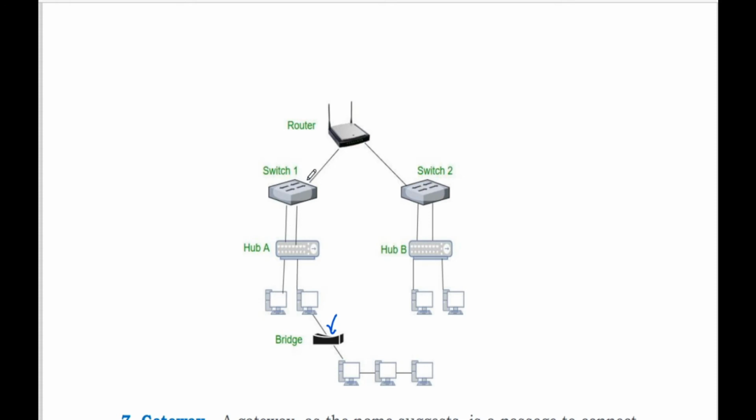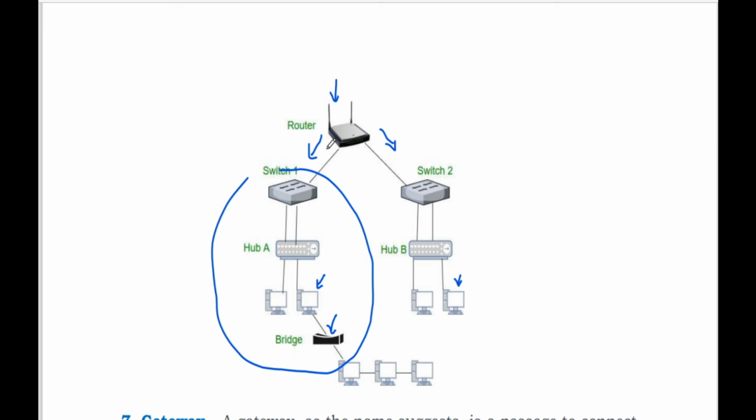A switch is also a device which is used for forwarding the packets to the defined computer, and a router is the device which makes the decision where the information is to be transferred based on the IP address or the number given to the computer. So if the computer is residing in this particular network, the packet will be routed in this direction. If it is residing in this other network, then the packet will be forwarded in this direction. So the decision is made by the router.